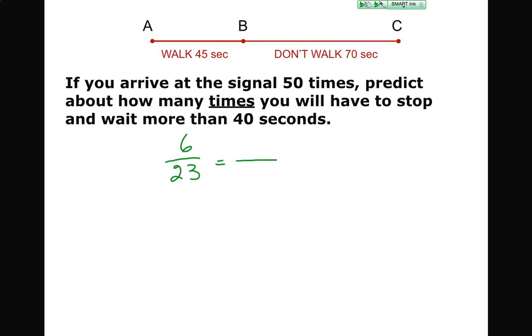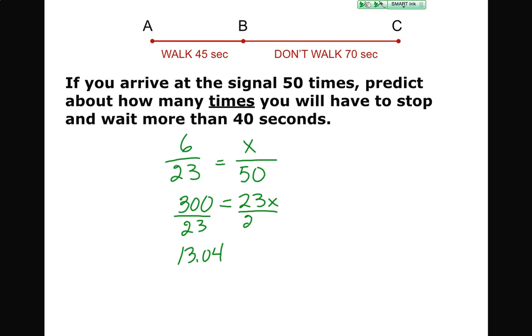Okay, so we want to know how many times out of 50 we would have to do that. Understand how I can do the probability with the proportion? So when you cross multiply, 300 divided by 23, which is 13.04.